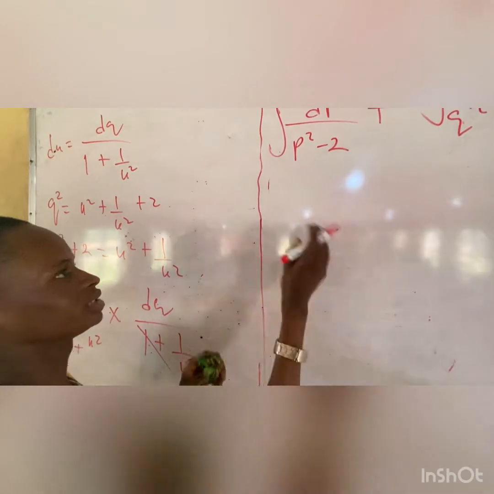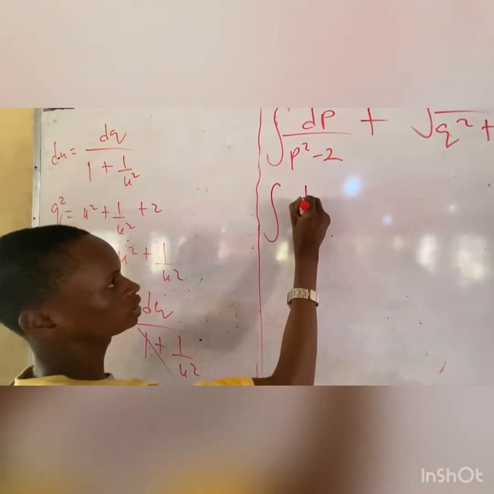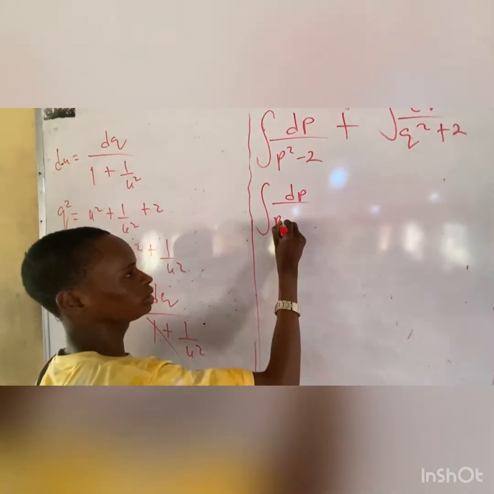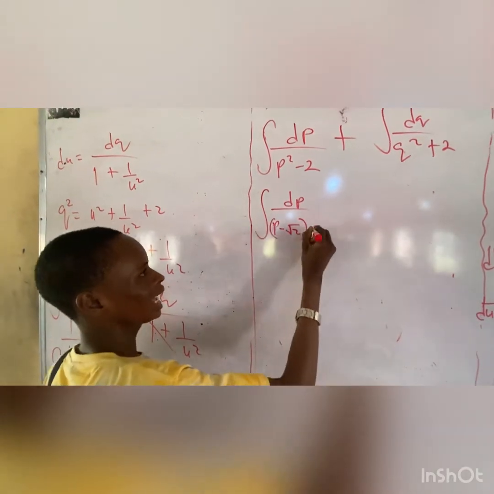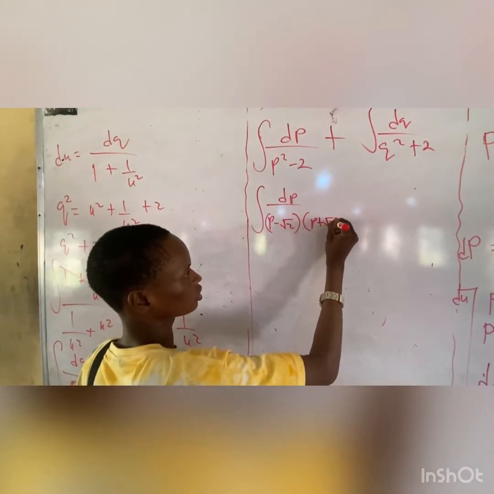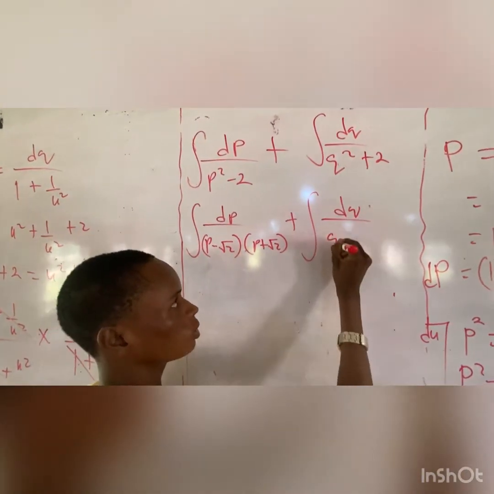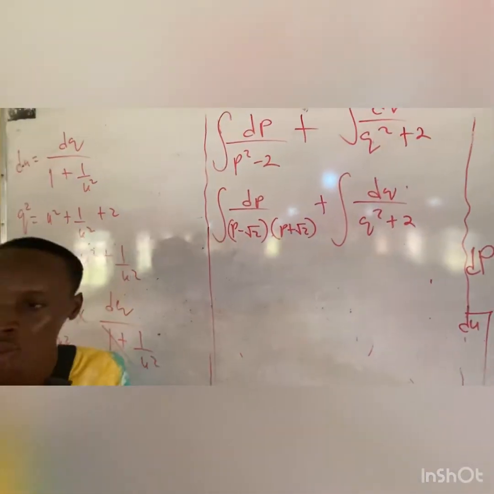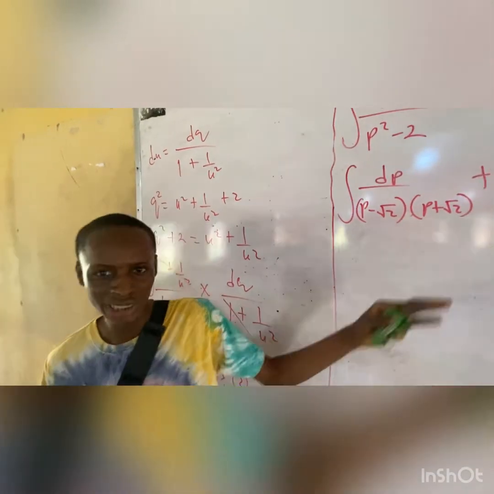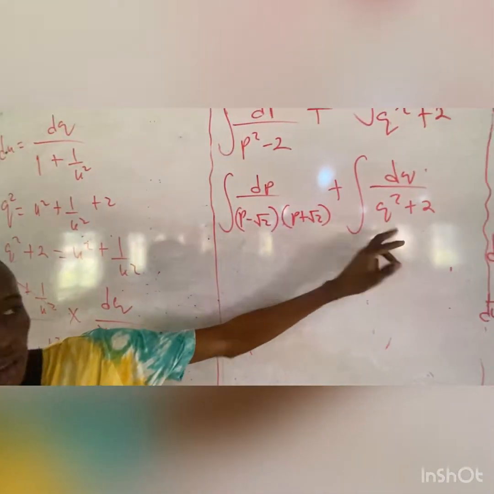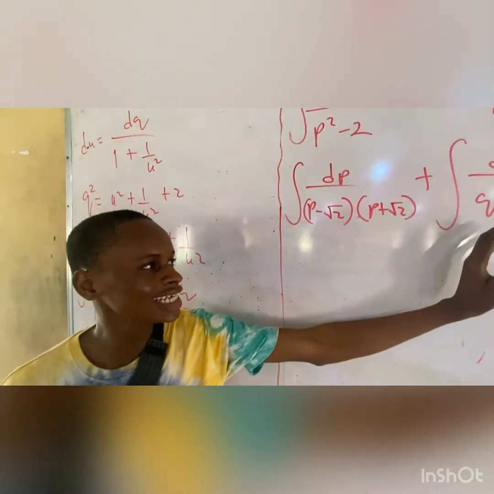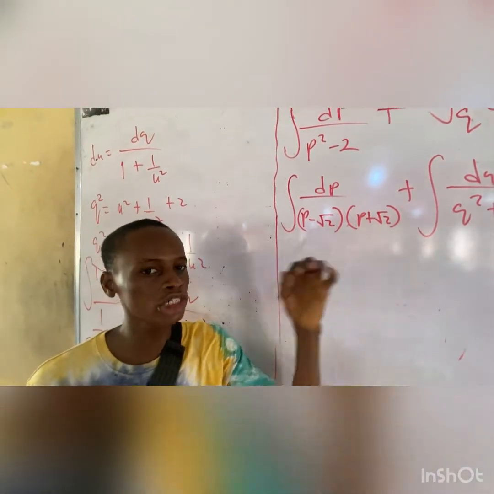So we can write this as the integral of dp over p minus root 2 and what? p plus root 2, plus the integral of dq over q squared plus 2. So this is just like the beginning of the integral. Now if you look at this, recall there is a special function for integration of tan.